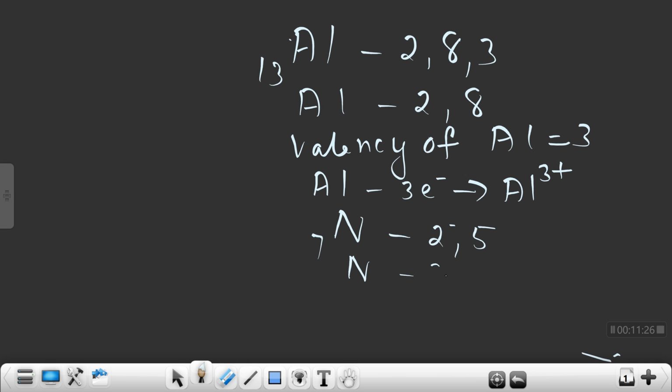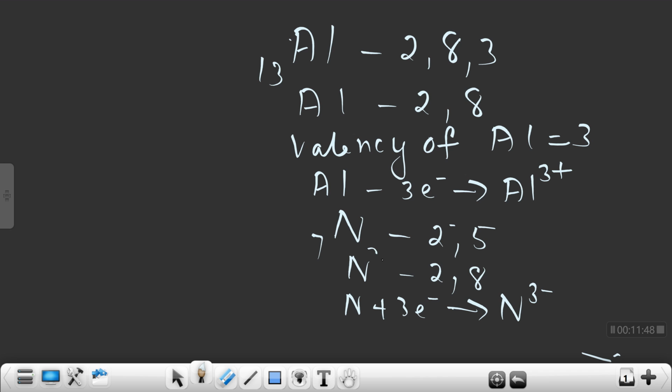So it gains 3 more electrons. Then it will become 2,8. So N plus 3 electrons gives N3 minus. That means nitrogen gains 3 more electrons, and the electronic configuration is 2,8.